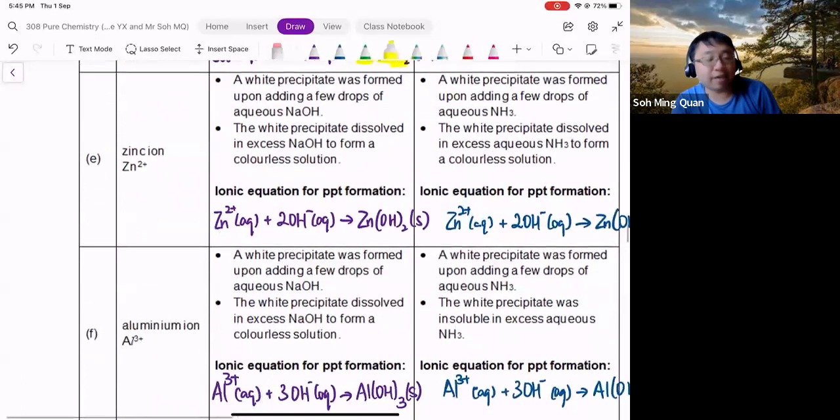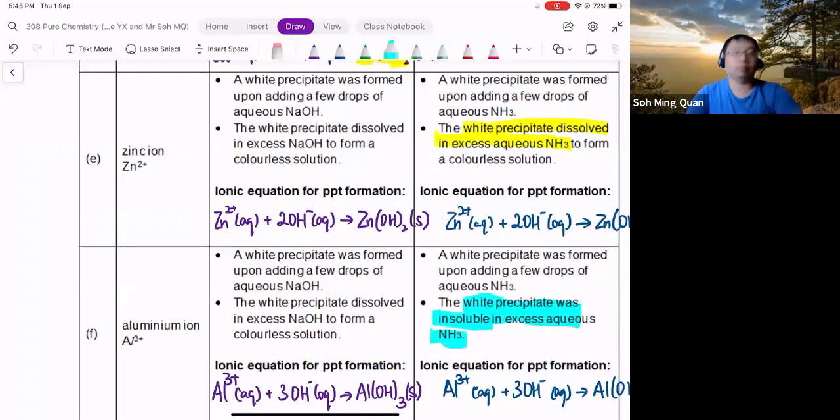Then we move on to zinc and aluminium. Now, you notice that zinc and aluminium are easily confused because you realize that both form white precipitates with NaOH and ammonia. The only difference is, for zinc, the white precipitate can dissolve in excess ammonia, whereas for aluminium, the white precipitate is insoluble in excess ammonia. All right, so this is where you need to learn.